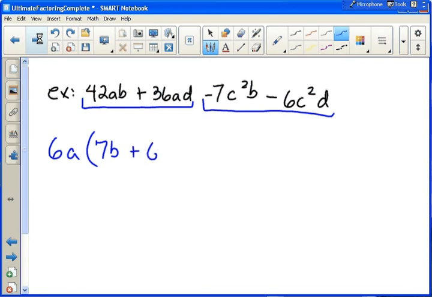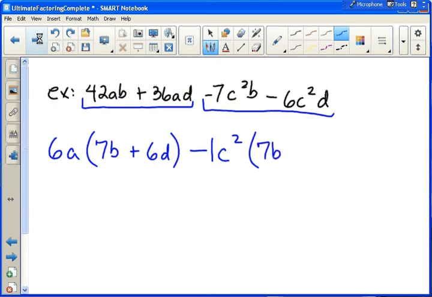Now I look at the second pair. 7 and 6 don't have anything in common other than 1. There's no reason to factor that out. So it'll just be, well, negative 1 actually. So yeah, let's pull out the negative. We'll go ahead and write negative 1. And they also have a c squared in common. You can also just write negative c squared. The 1's not required. But if I pull out a negative c squared, that'll change that to a positive 7b and a positive 6d.